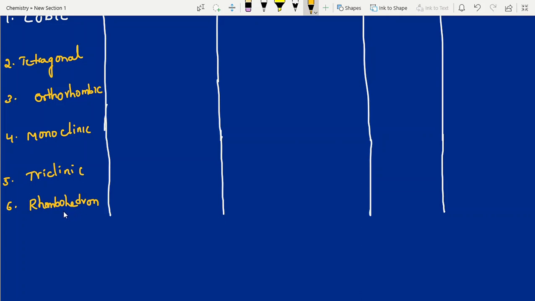This is also called trigonal. Both are the same. Trigonal or rhombohedral, your wish. And the last crystal system is hexagonal. That's it. Now we'll see all the questions.